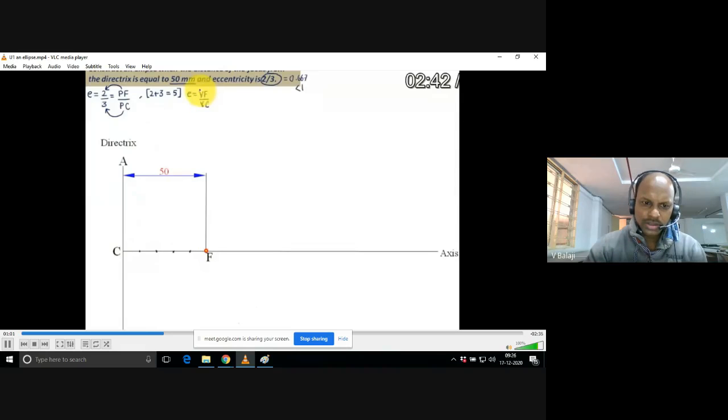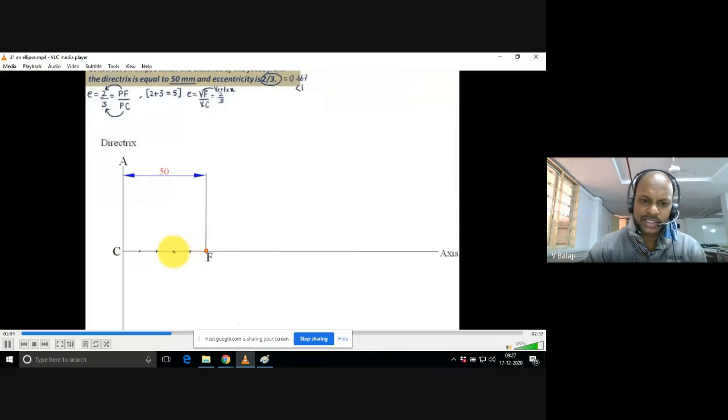So now here, why we have divided into 5 parts: eccentricity is the property of the ellipse. Numerator is 2 parts, denominator is 3 parts. So what we have to do is find the vertex point.